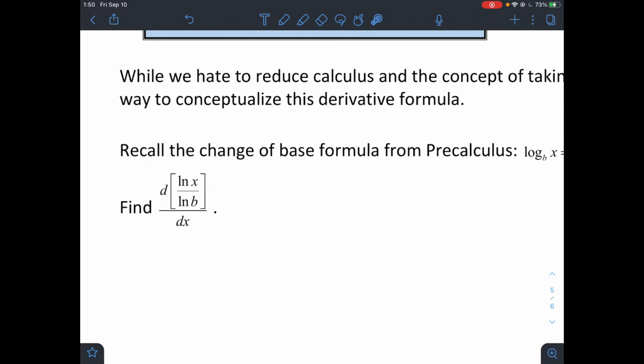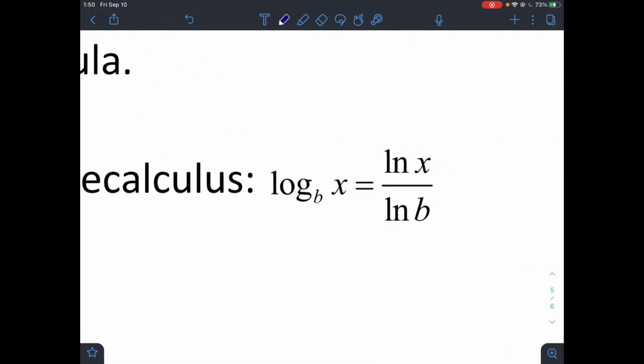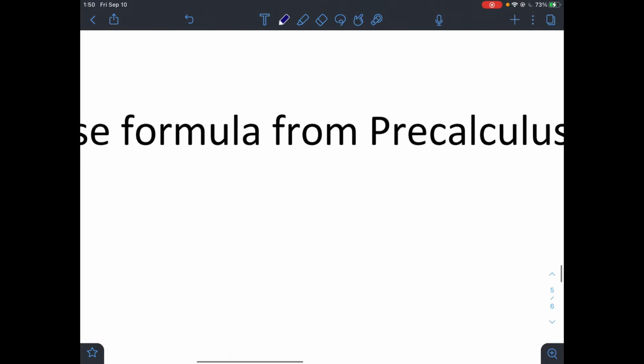Remember that from pre-calc, log base b of x is the same as natural log of x over natural log of b.